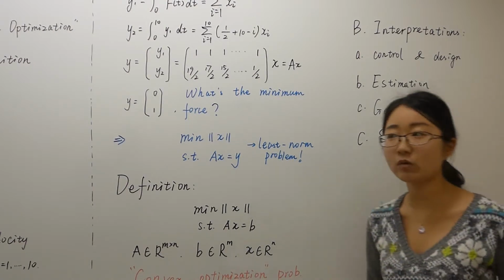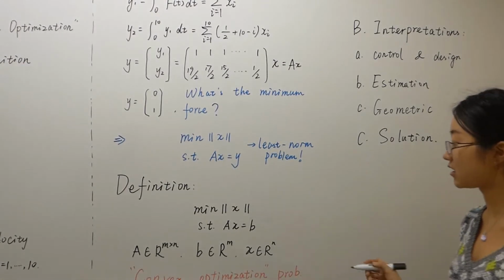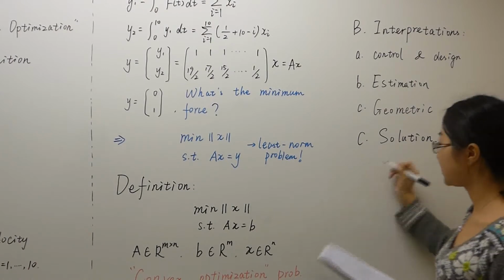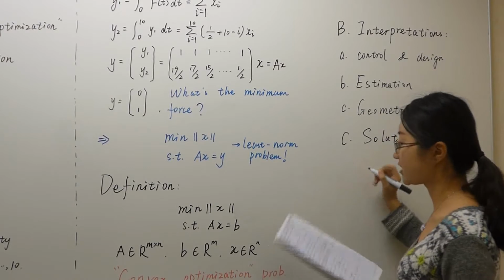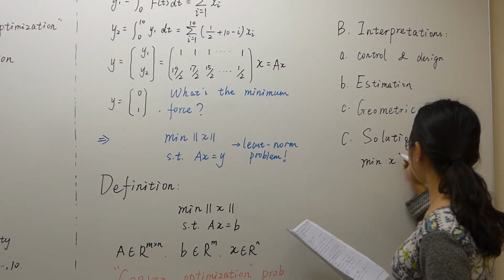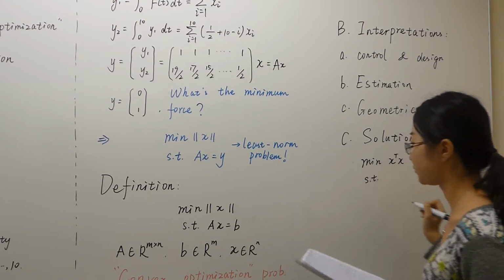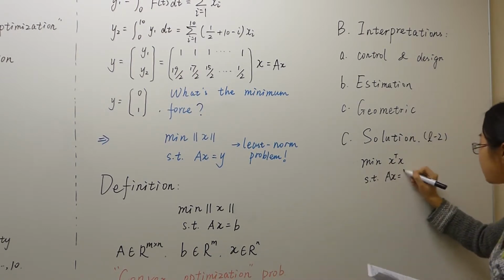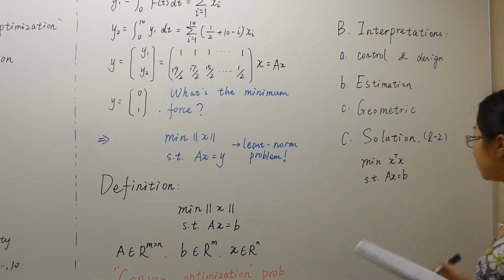For simplicity, here we only consider the L2 norm, so we can rewrite the problem as: minimize x transpose x subject to Ax equals b.